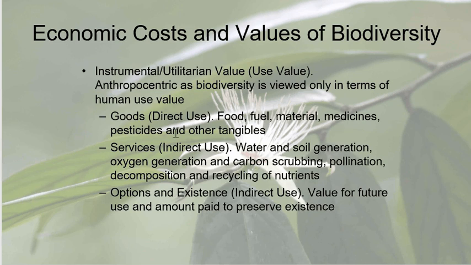There are other ways in which humans can value biodiversity or use biodiversity by indirect use or through services. So biodiversity, by making up a natural ecosystem, can perform particular services which have indirect use to human society.